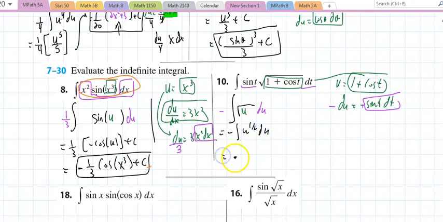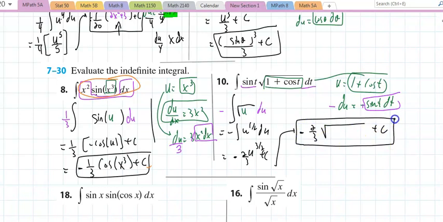Don't you add 1 to the power, divide by that? And what was u? U was 1 plus the cosine of t. You could leave it to the power of 3/2. I really don't mind. That's the same thing.